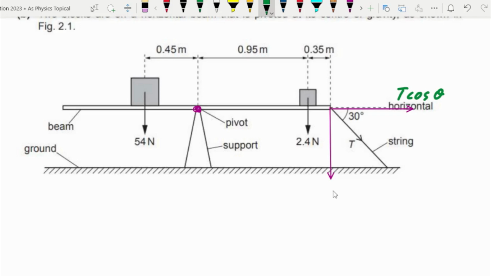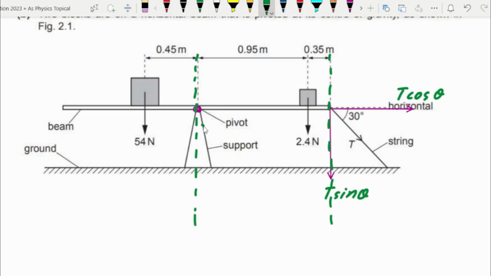Then we have T sine theta, because this component is not directly adjacent to the angle theta. Now, for which of these two components do we have the perpendicular distance? This is your pivot, your axis of rotation, and this is your line of force.